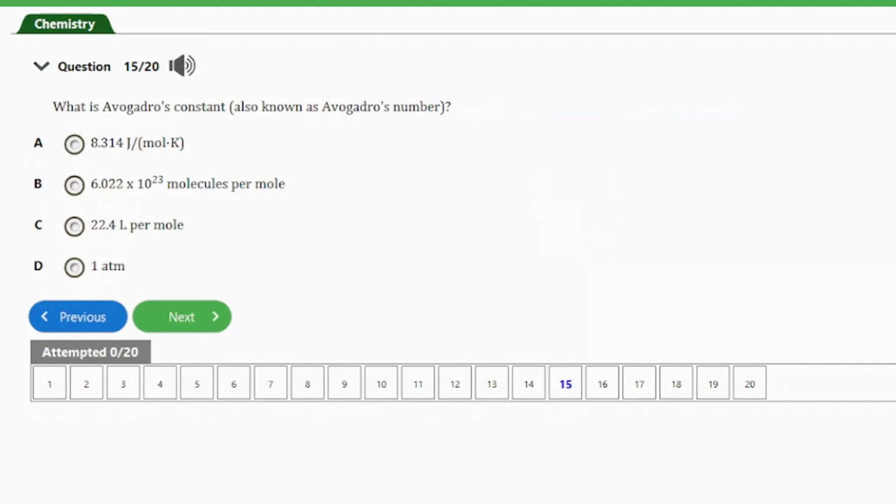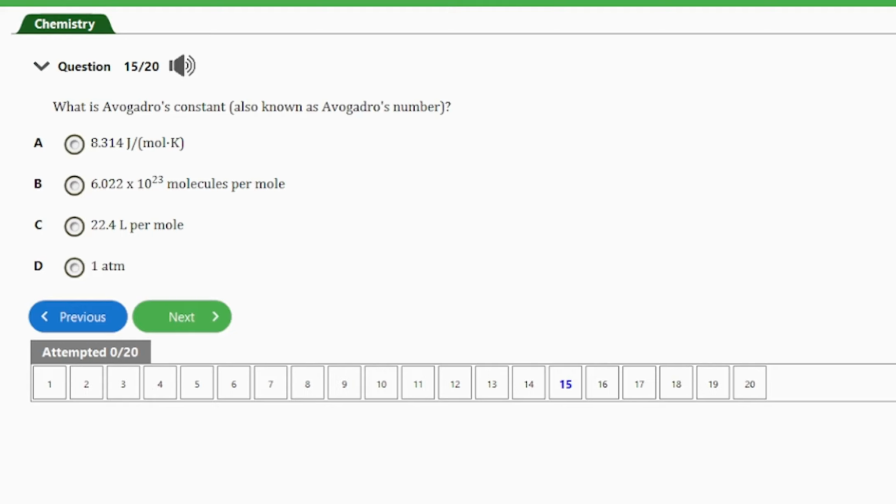So guys, the next question here is question number 15. It says, what is Avogadro's constant, also known as Avogadro's number? So we have option A, 8.314 joule per mole Kelvin. So guys, this is not the answer to this question. 6.022 times 10 to the power of 23 molecules per mole.